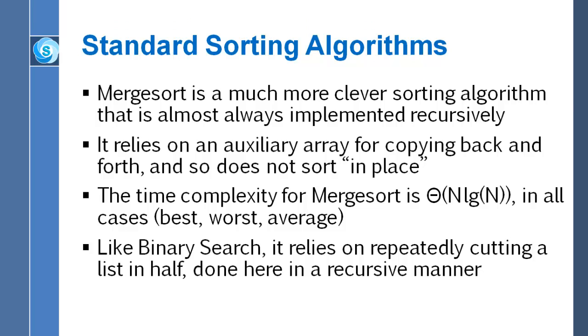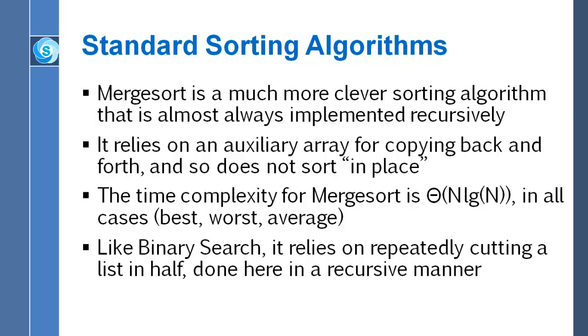So don't worry about binary search. If you forget it, that's fine. The important idea here is that merge sort is going to work by taking an array that you want to sort, cutting it in half, and then recursively sorting each half. It's basically going to call itself twice, once to sort the left half and once to sort the right half.